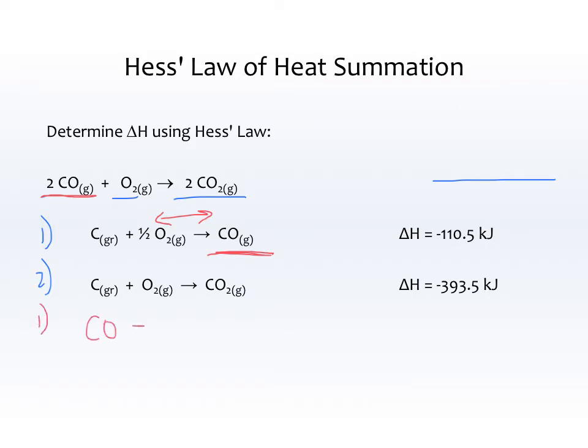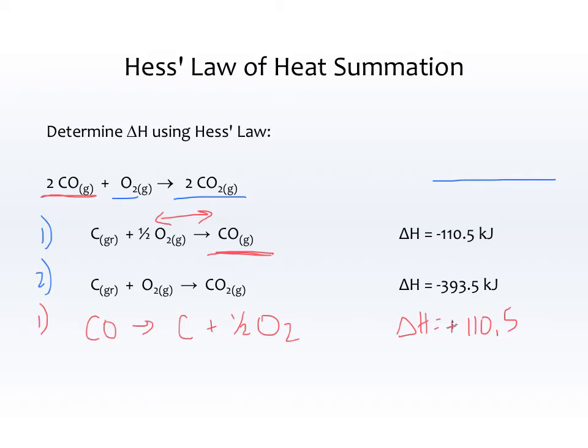CO yields C plus half O2. We're reversing the order, so the delta H is also going to be reversed, positive 110.5. Because I need carbon monoxide to be a reactant, so I'm going to have to flip that entire reaction.